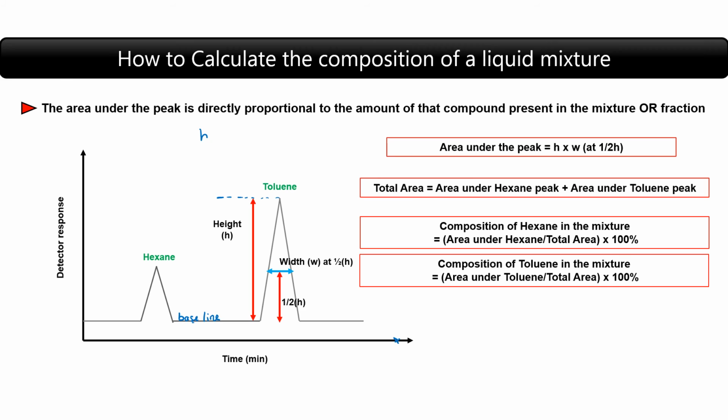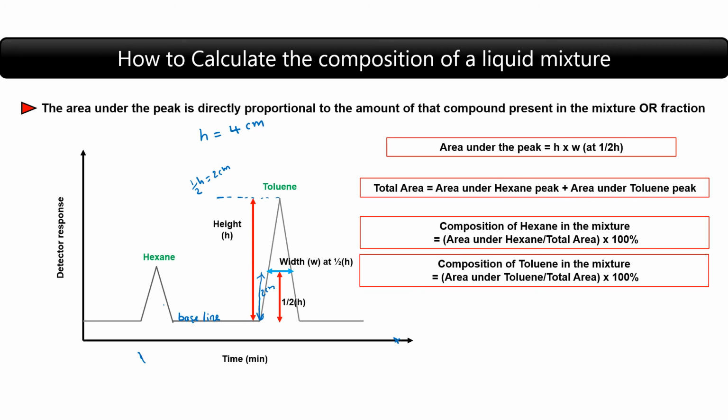We measure that, and then we get the width at half height. So let's say the height here was 4 centimeters. Then half height would be 2 centimeters, right? So let's say this is 2 centimeters and we get the width of the peak at half height.